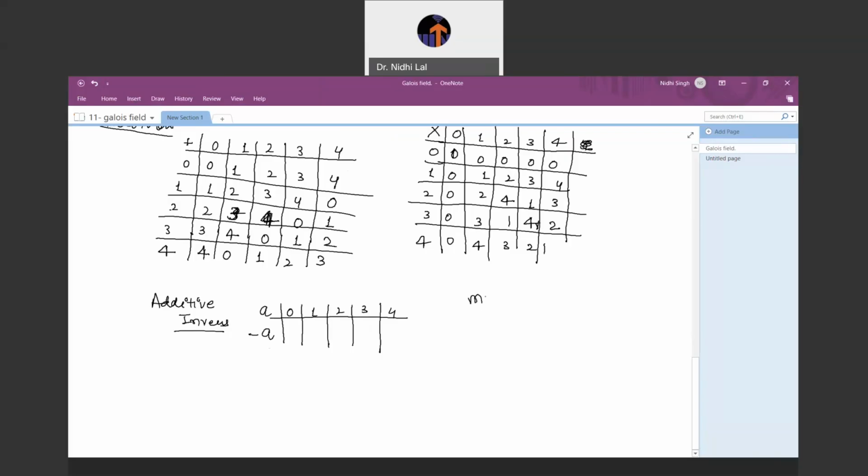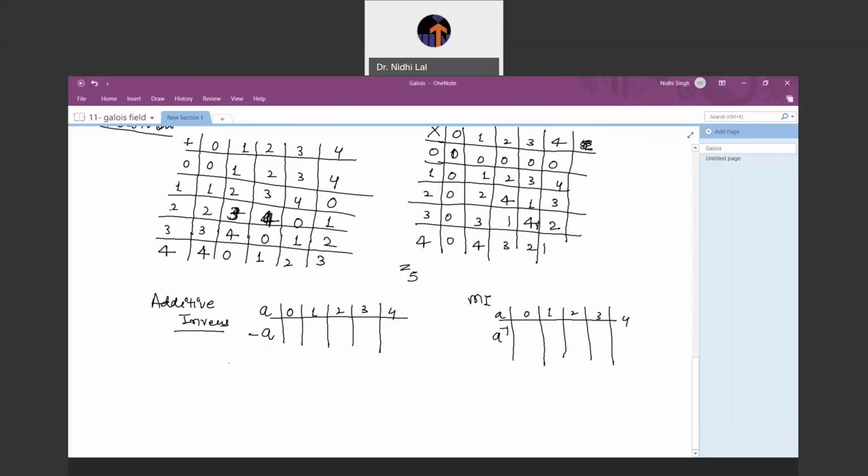And the multiplicative inverse, 0, 1, 2, 3, and 4. Now find the additive and the multiplicative inverse of each value in Z5 and give me the answer.